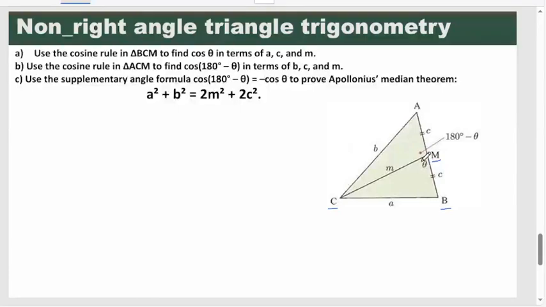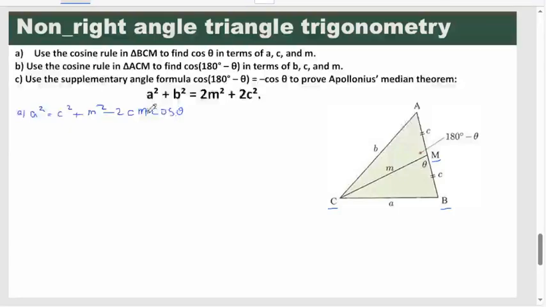Cosine of theta, we see theta is between M and C. So if I want to use a rule, I say A squared equals C squared plus M squared minus 2CM cosine of theta.